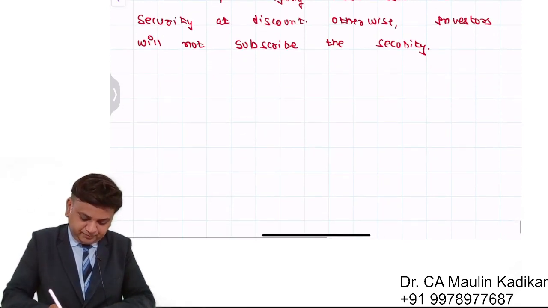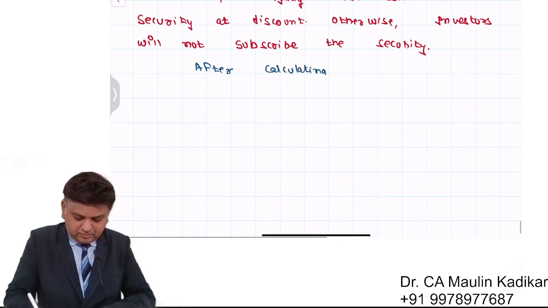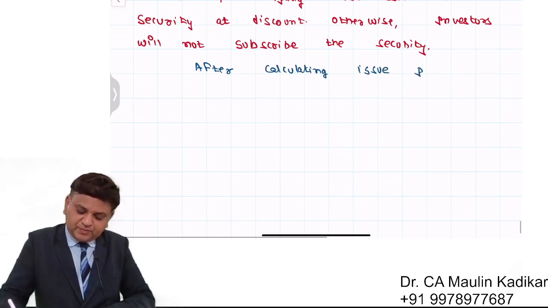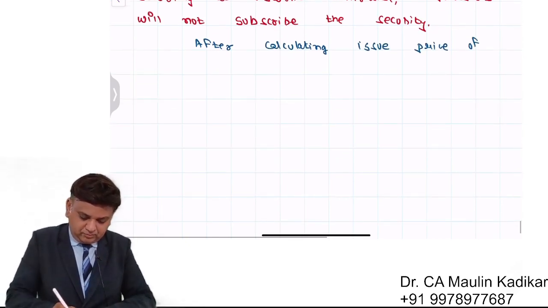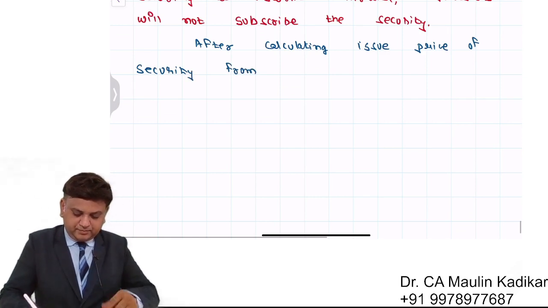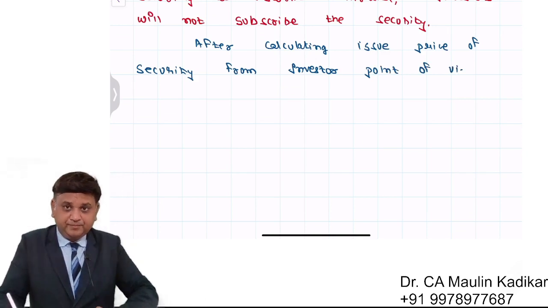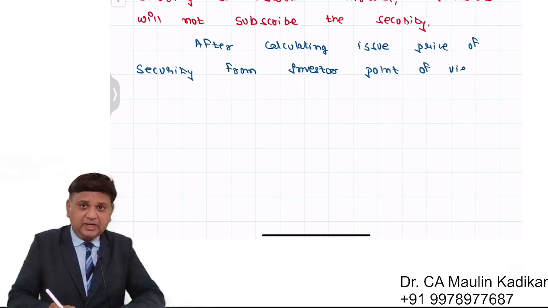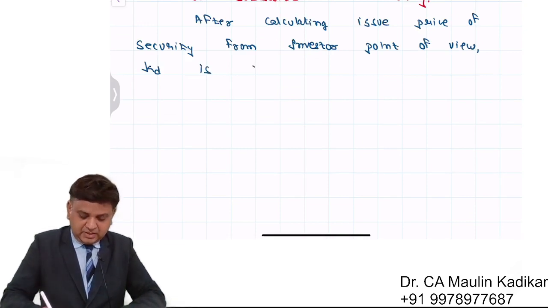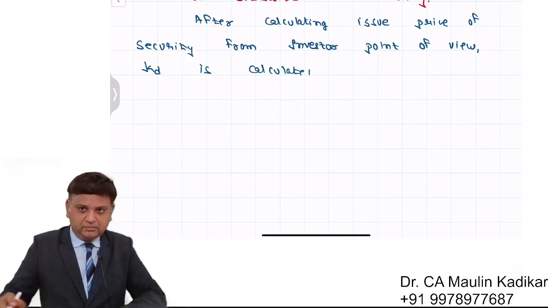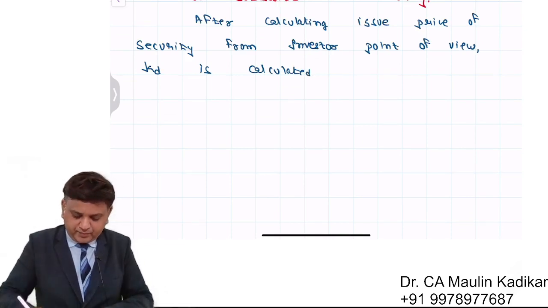With paragraph read down, after calculating issue price of security from investor point of view, comma, KD is calculated from company point of view.